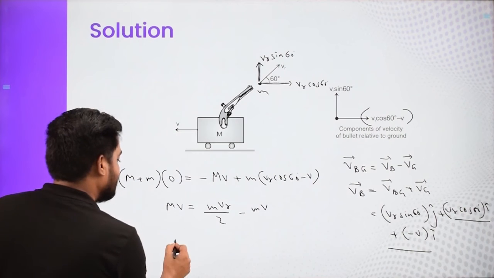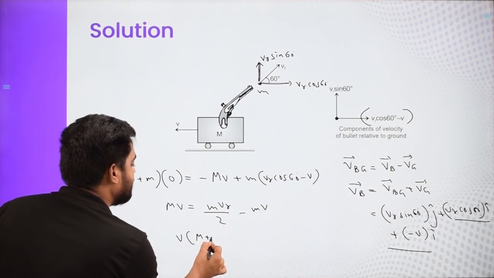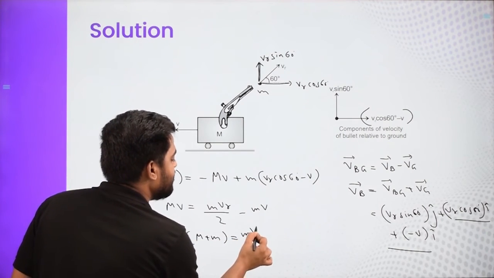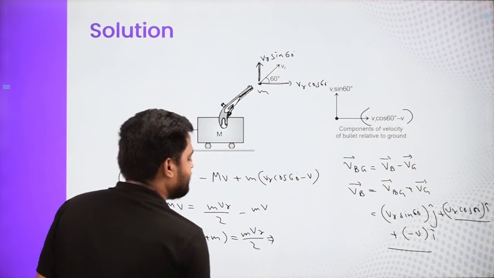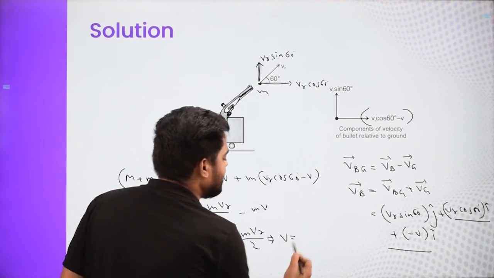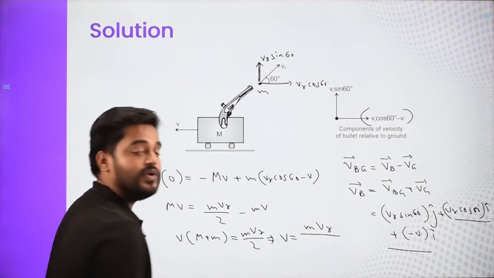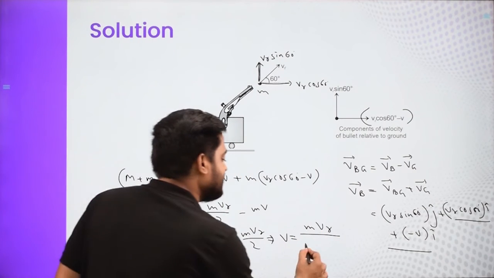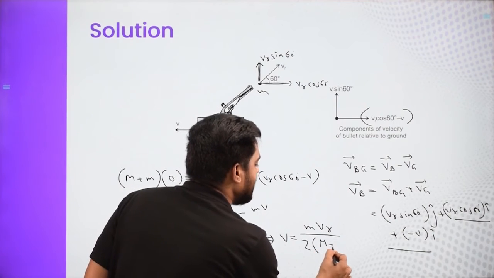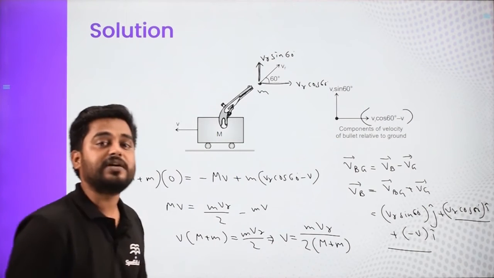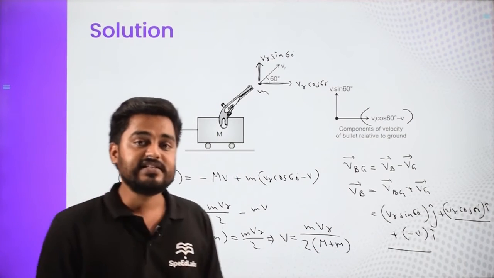This comes here, we get v times M plus m is equal to mVR by 2, and then it can be solved. So v, the final velocity, is nothing but mVR, the mass of the bullet times VR, which was given in the question, divided by 2 times capital M plus small m, the mass of the bullet plus the mass of the gun. So this is the answer to the question.